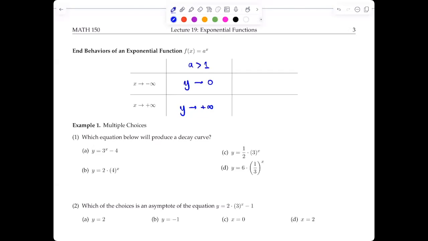For exponential decay, you start with a population with a lot of members. So let's start with y approaches positive infinity when you go back in the past.